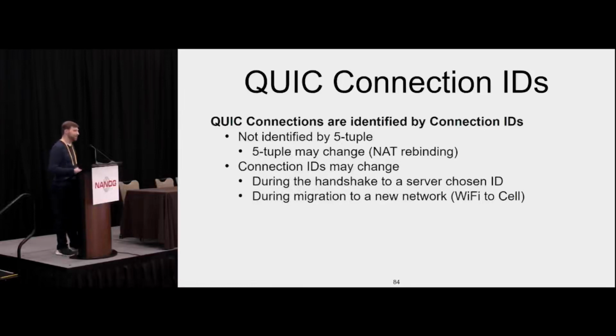It's just how the network works today. The network is set up to run that way, and we will continue probably to deploy it that way. And that's certainly how Google's deployment of QUIC has been working. But the idea is that connections may migrate across 5-tuples. There's also the ability to change the connection ID during the handshake in order for a load balancer to direct traffic in a different way.